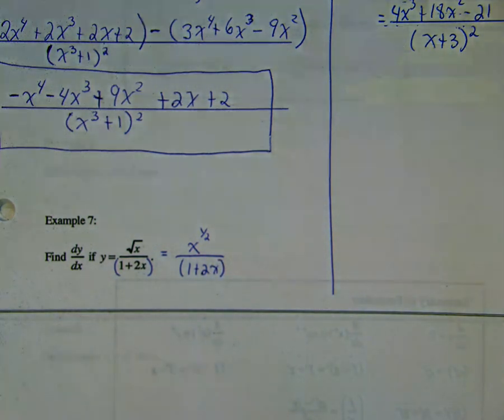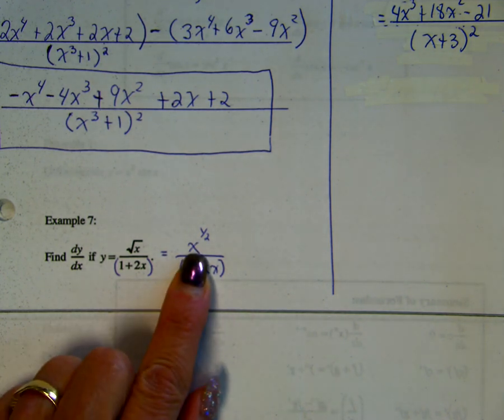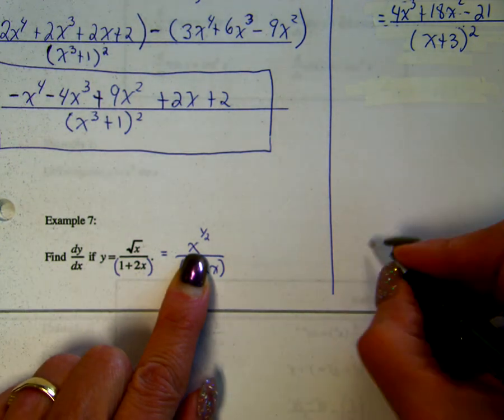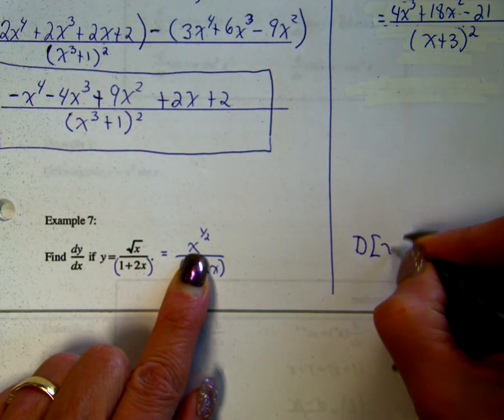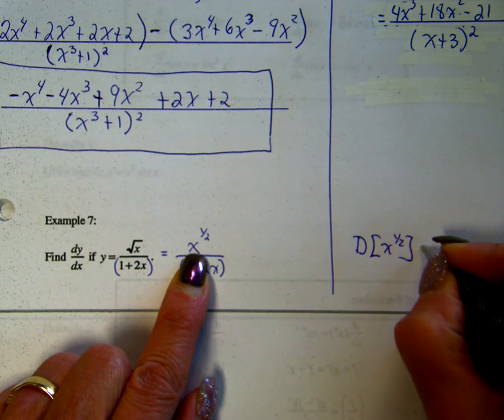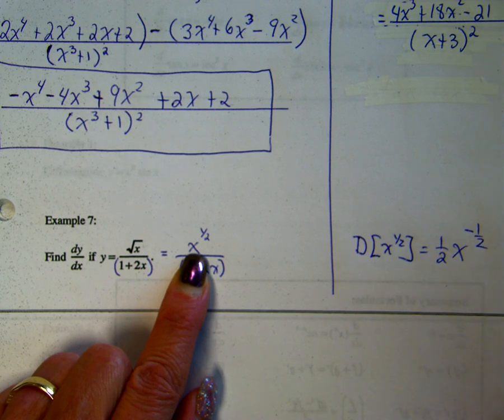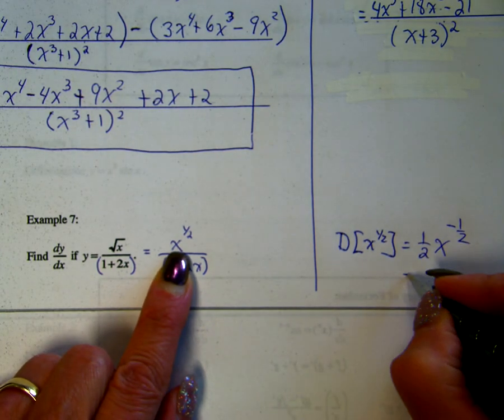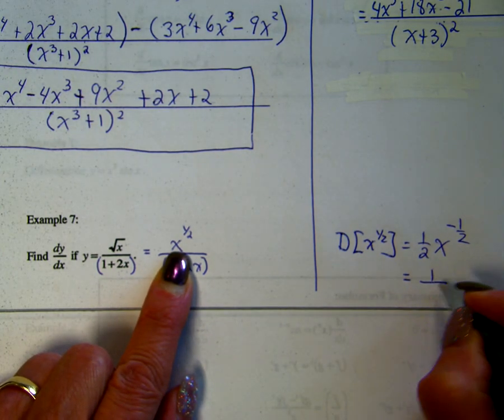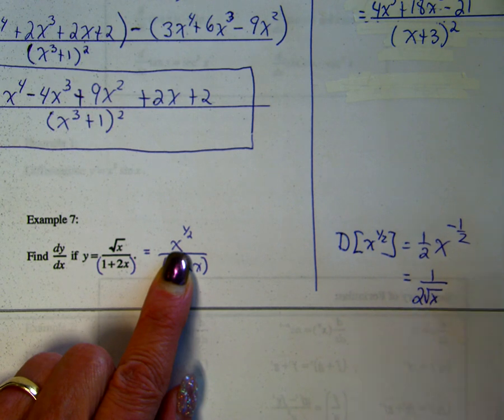So before we start all this, do we all know pretty quickly what the derivative of x to the 1/2 is? Okay, so you all said the derivative of x to the 1/2 is 1/2 x to the minus 1/2. And if you had to write it in radical notation, you'd be writing it like that.